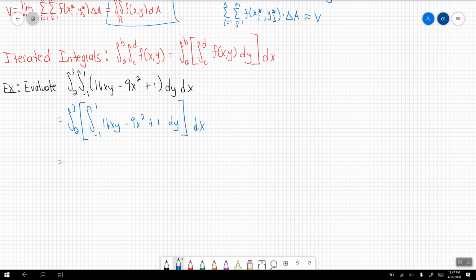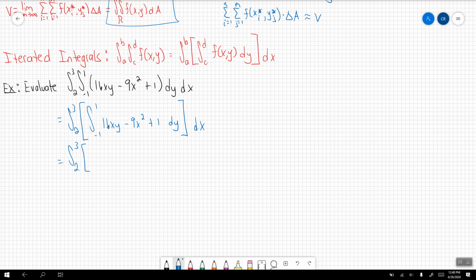That means every single x component or every constant just gets treated as such, which is a constant. So when we integrate the innermost integral, it gets integrated with respect to y. So 16xy, I treat the x as a constant and I only integrate y. The integral of y is just y squared divided by 2.